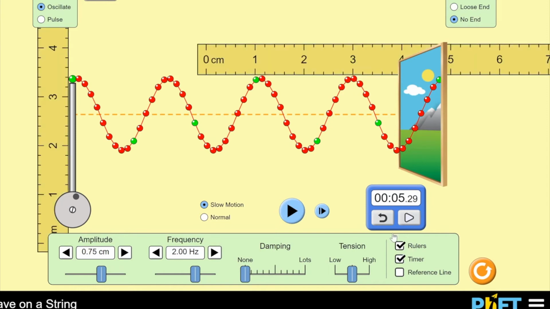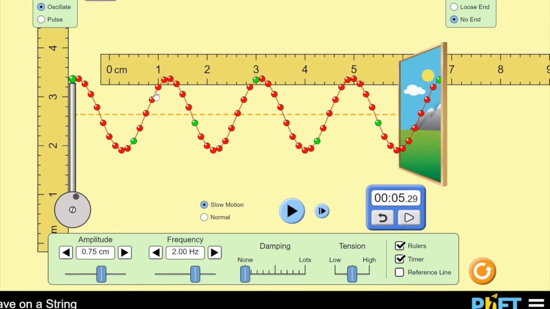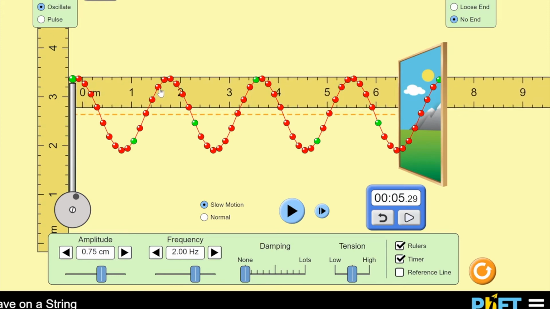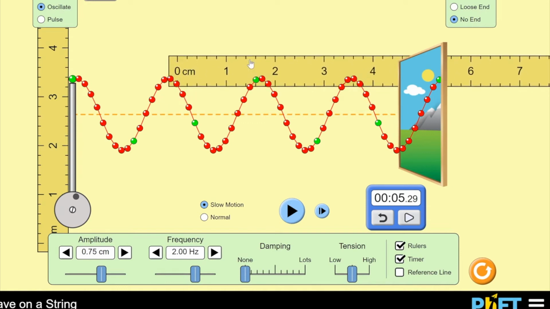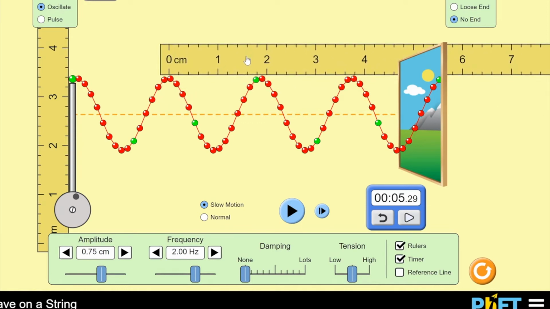If I use a ruler and just put it there, so I could do it on this one here. It's a bit easier to measure. We'll use the bottom of the ruler, so you can see 1 centimeter, 1.2, 1.4, 1.6, 1.8, 1.8 centimeters.